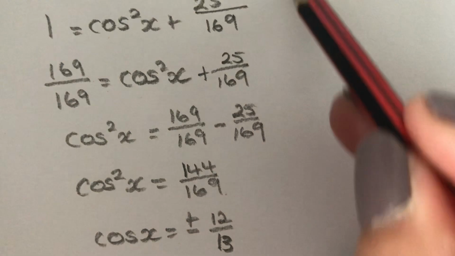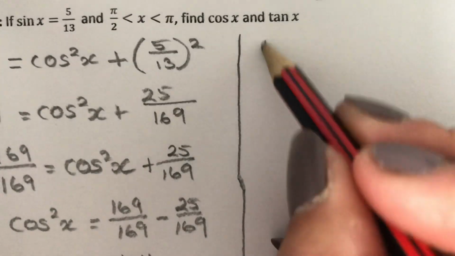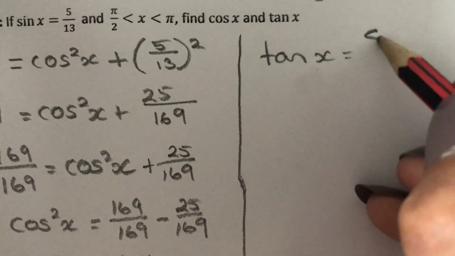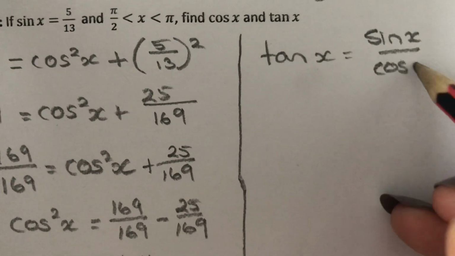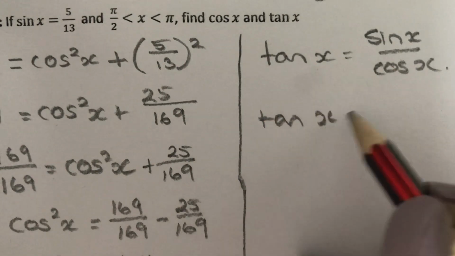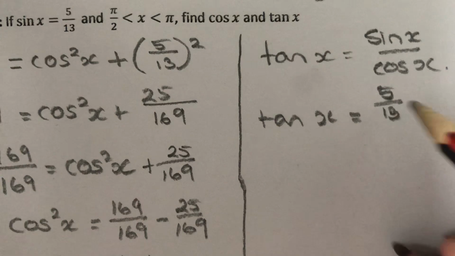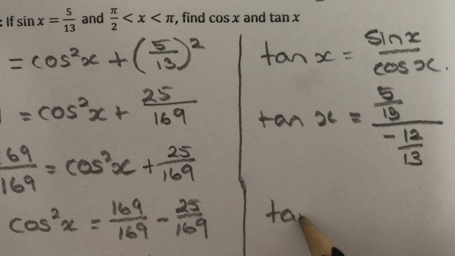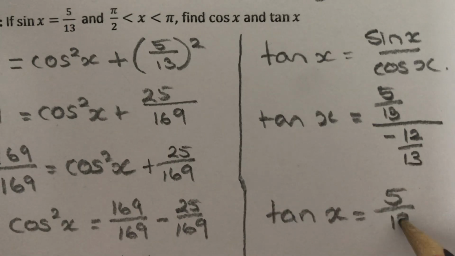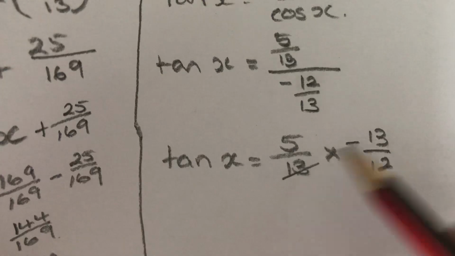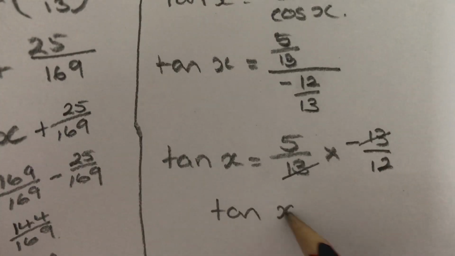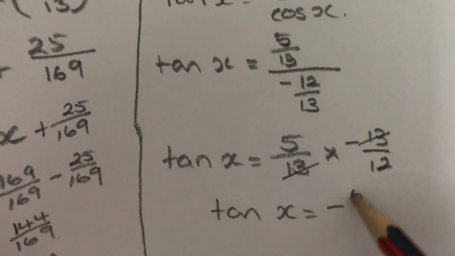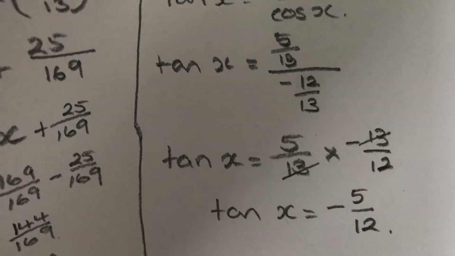Okay, have a go at tan and look up in a minute. Okay, hopefully you got negative 5 over 12.